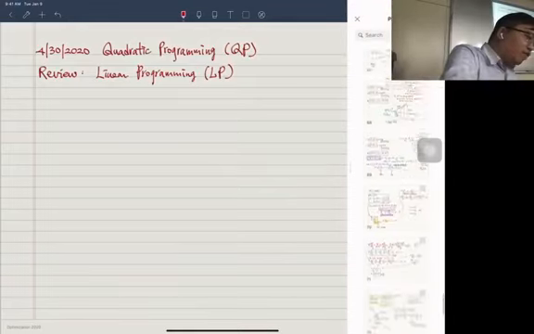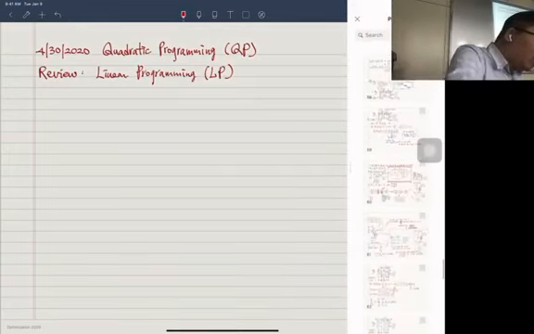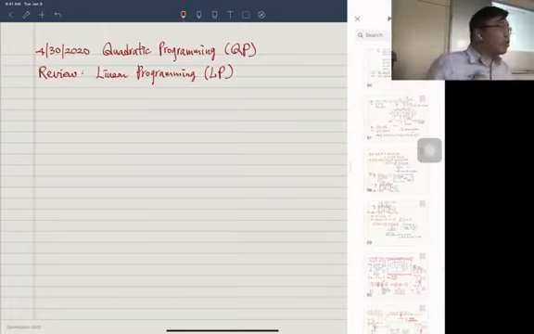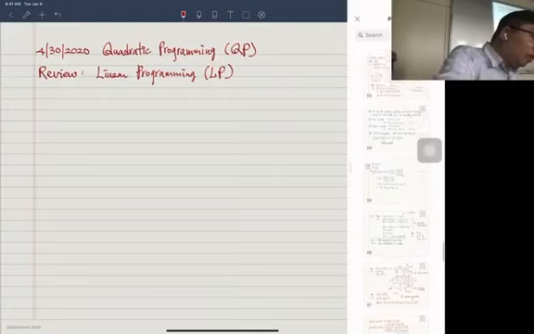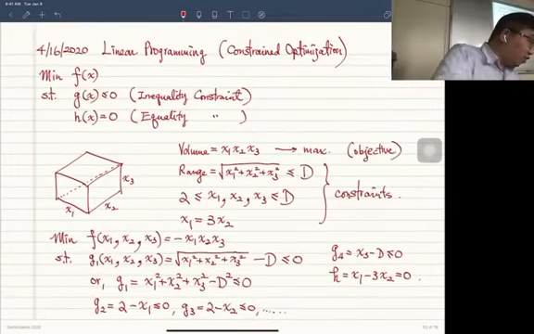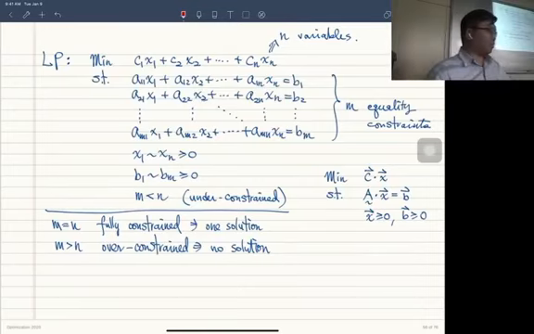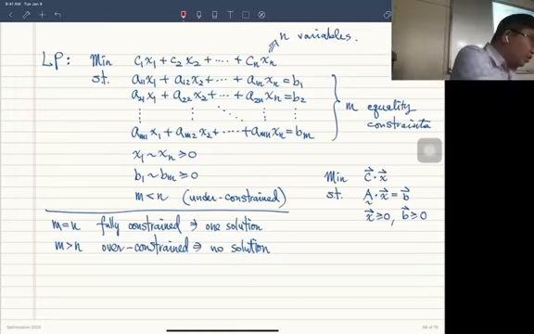We should have a general format for linear programming. So no matter what kind of constraint optimization you have, you need to convert your problem into the following format. This is the standard format.